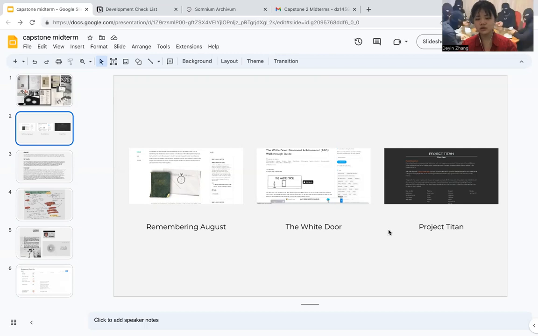And then the next one is Project Titan. I chose this because it is an ARG made by a group of undergraduate students. There are so many large-scale ARGs like Frog Fractions and other ARGs made by large companies to promote their films or games, but those are not the ARGs that I can make, because I'm doing my Capstone project on my own.